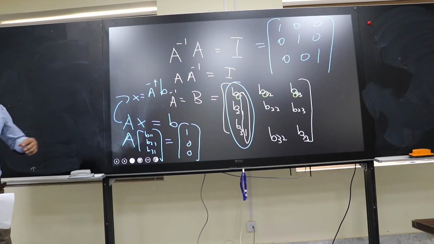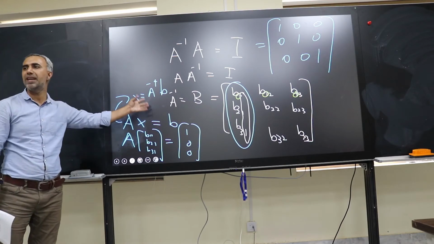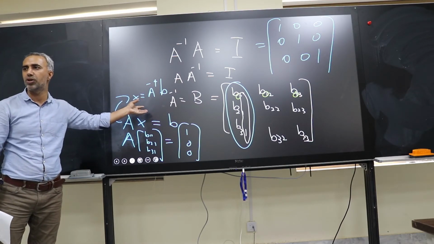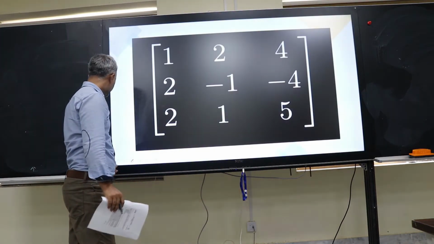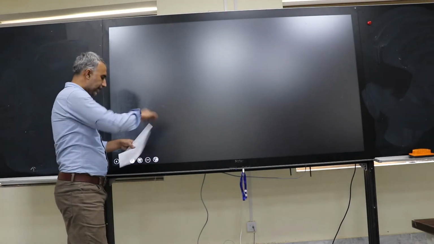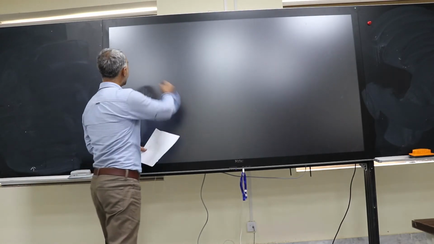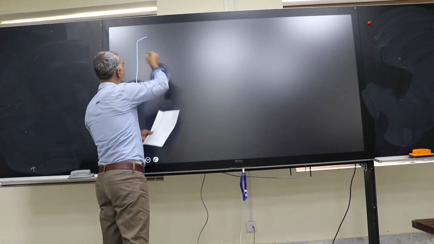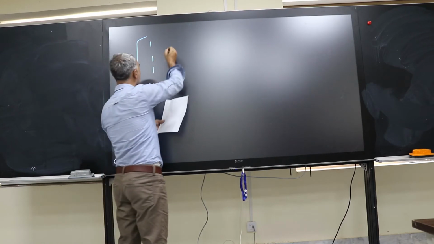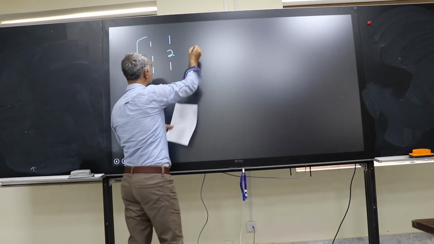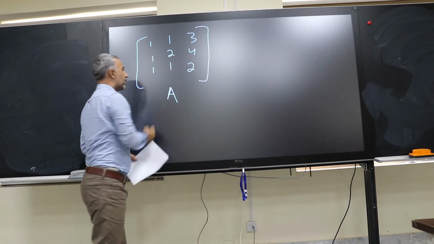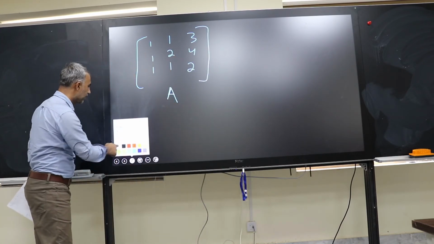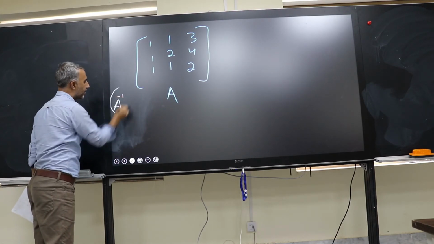But in the computing process, we need to determine this step by step, okay? First value, solution test, second, then the last one. But we can do it with the help of an identity matrix. If we have some matrix 1 1 1, 1 2 1, 3 4 2, this is matrix A. From this matrix A, we want to determine A inverse.